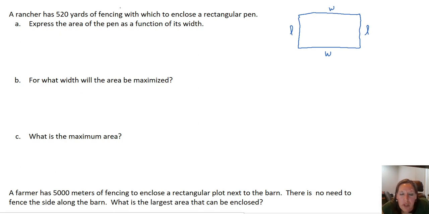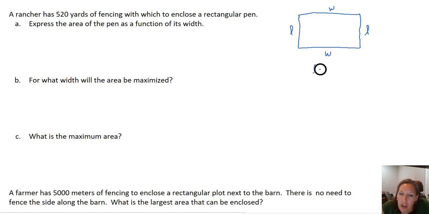If we have 520 yards of fencing, we want to write this as a function of the width. So that means we need to get rid of those L's. Well, if we use W yards of fencing to do the top and the bottom, that means what's left is going to be split in two to do our two lengths.